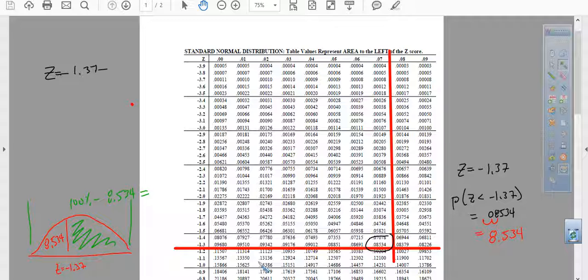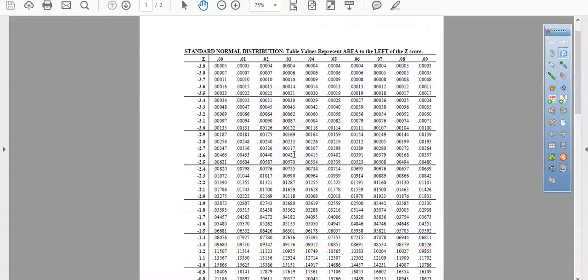So in this particular case, we got 100, take away 8.534, and we're looking at 91.46%. And so when we come back into her problem, we take a look here and close that piece out, and come back here, where is she at?